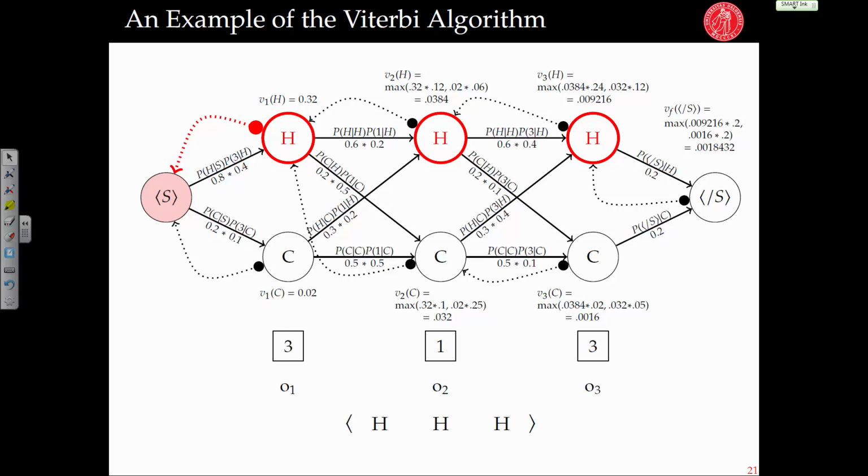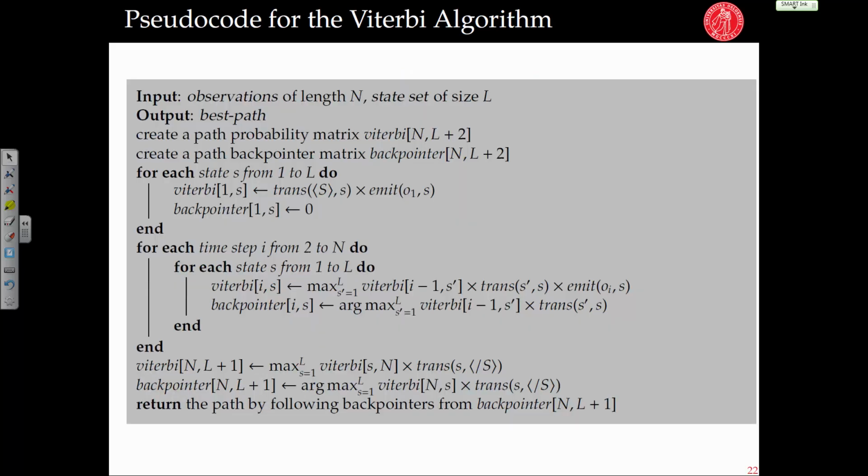So this would be the pseudocode for the algorithm that you're going to implement. Basically, very quickly, we have two main matrices.